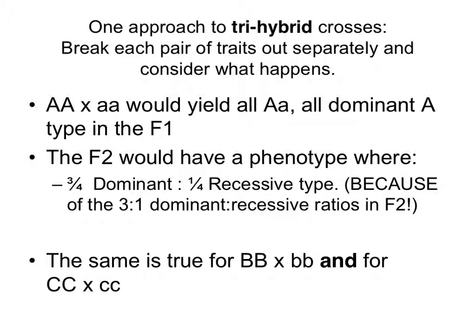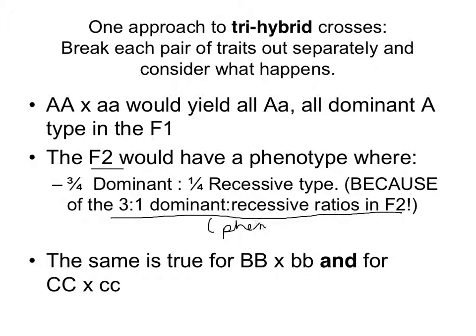In order to work trihybrid crosses, it's really important that you understand the theory underlying monohybrid and dihybrid crosses. You have to have understood and learned already that if you were tracking genes in a monohybrid cross, the F2 will have a 3-to-1 dominant to recessive ratio when it comes to phenotype.